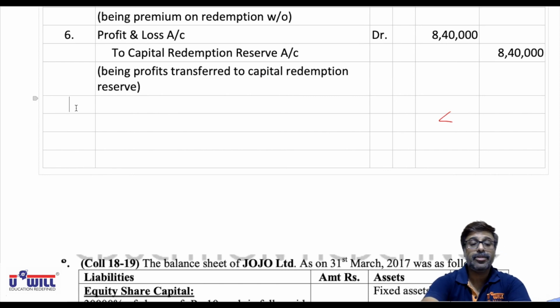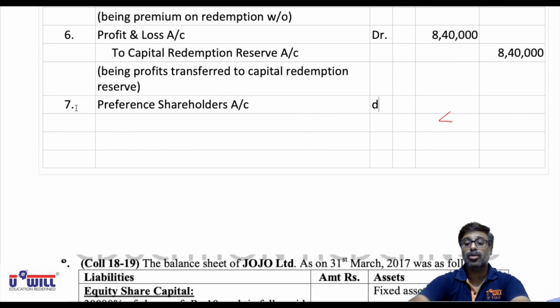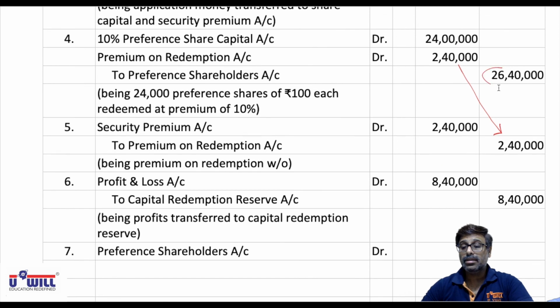And last entry after that, payment is to be made to preference shareholders. So preference shareholders are the receiver, debit the receiver, preference shareholders account debit. What we have to pay to preference shareholders? 26,40,000.